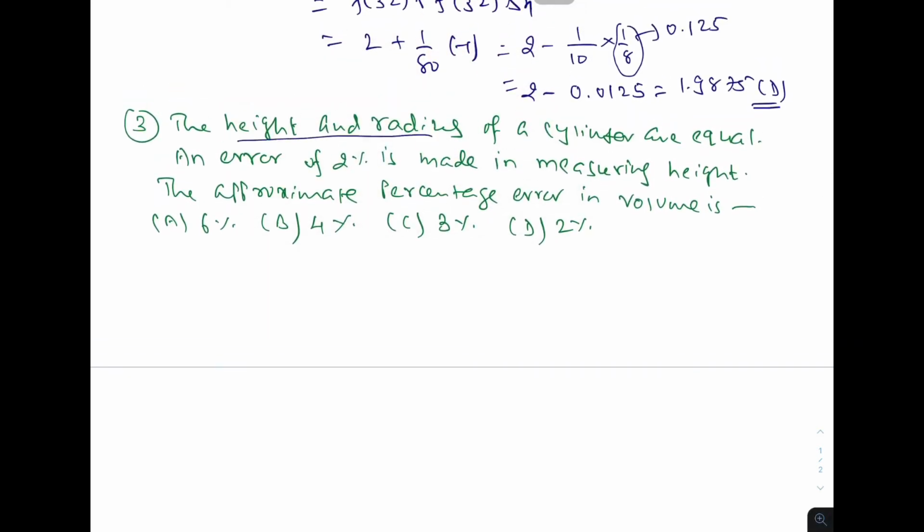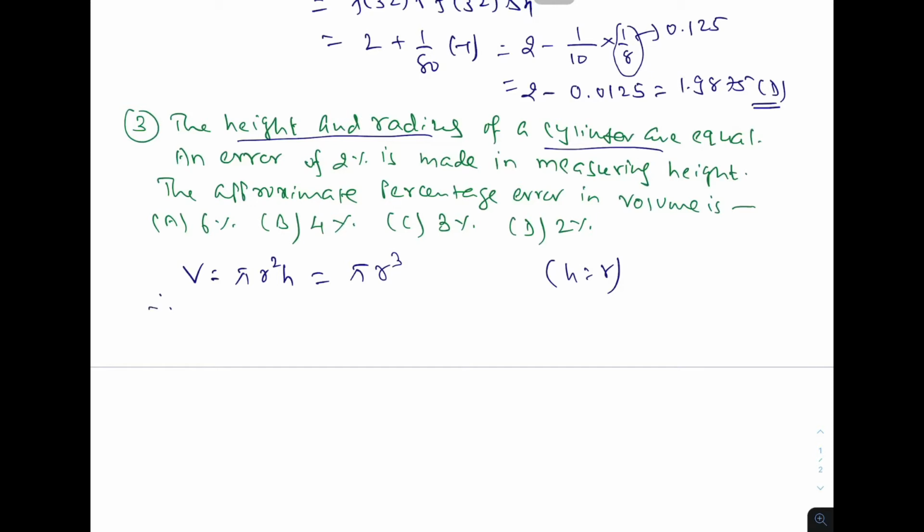Now see, V equal to pi r square h, and so equal to pi, height and radius are equal, so pi h and r, so pi r cube.